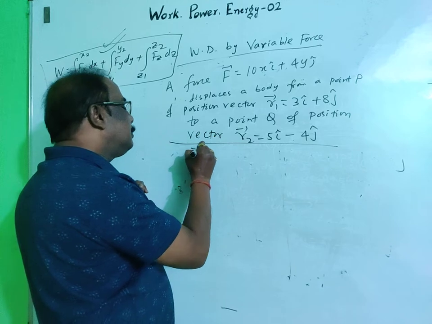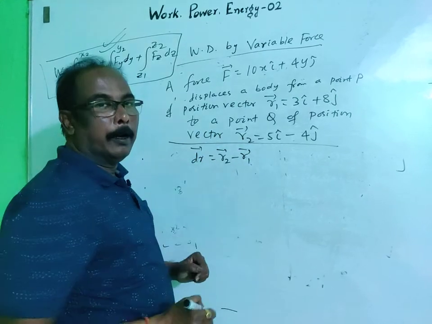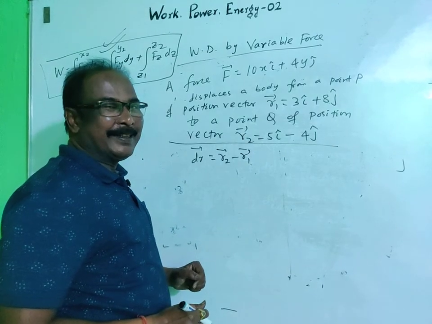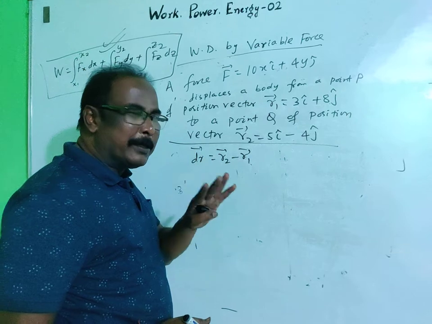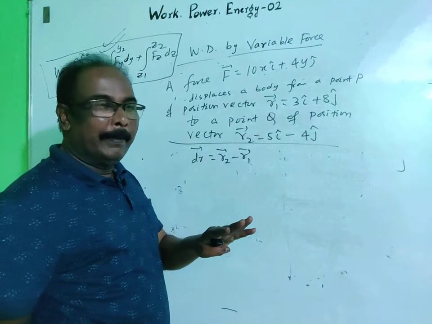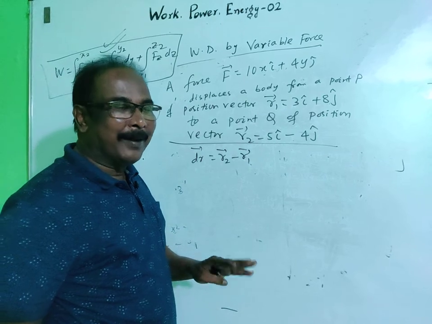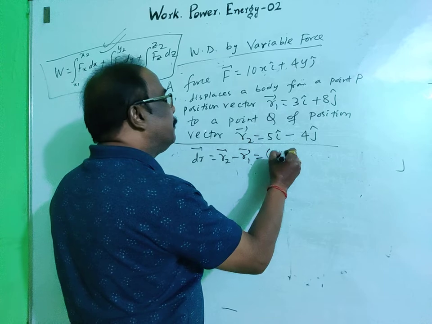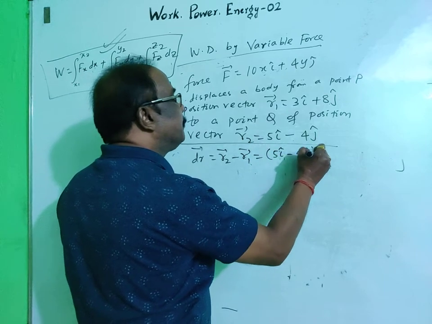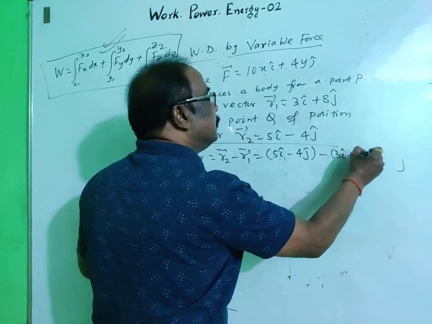Then dr is equal to R2 minus R1, as we have discussed in the Cartesian coordinate system. Is it clear? R2 is 5i cap minus 4j cap, minus R1, 3i cap plus 8j cap.